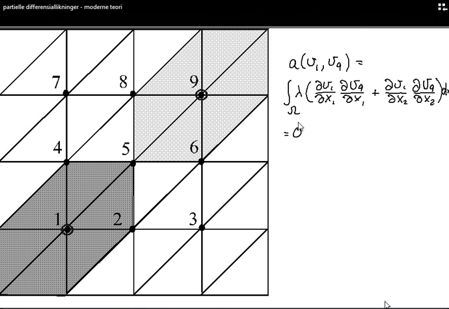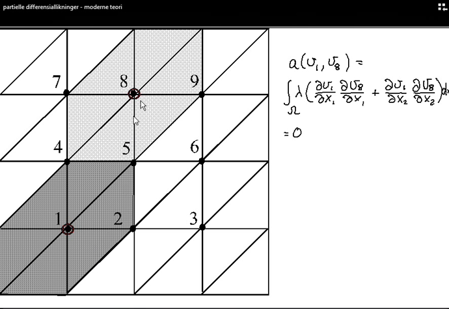So we can conclude that this integral must be equal to 0. The same happens for the pairing of v1 with v8. These two supports are also disjoint. So this stiffness element must be equal to 0.